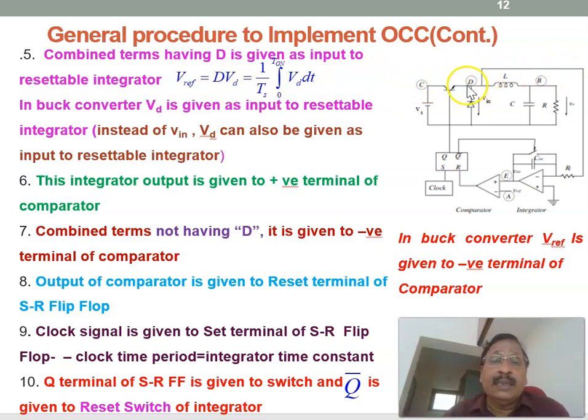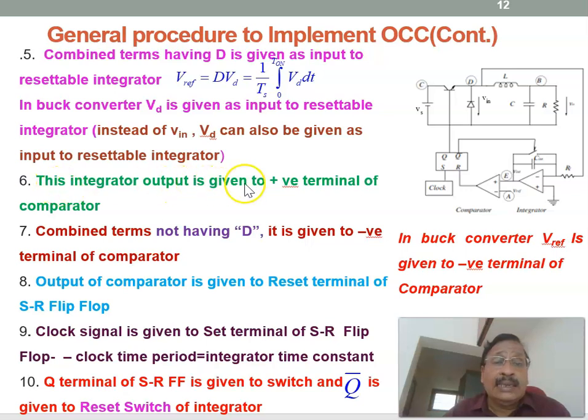In a buck converter, Vd is given as the input to the resettable integrator. Instead of Vin, Vd can also be given; both will work.